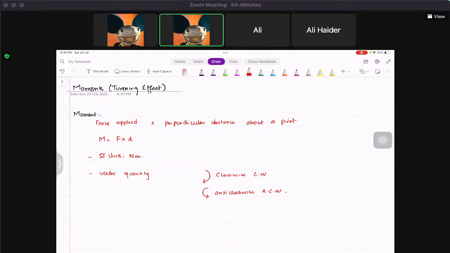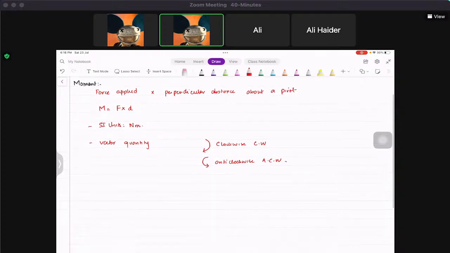Now, a lot of things basically use moments, and we got to understand how we do it. So first of all, let's talk about a door.